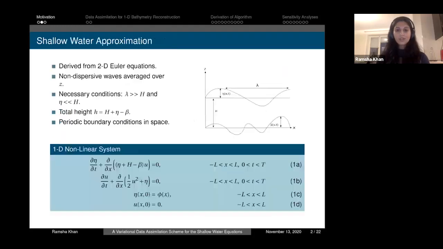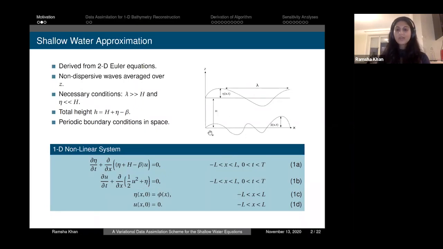And so we use the shallow water equations, which in this case, we look at the 1D model, which we derive from the 2D Euler equations, where the vertical dimension is averaged because of the long wavelength assumption compared to the average depth, allowing us to have a system in terms of the perturbation of the free surface eta and the velocity u.